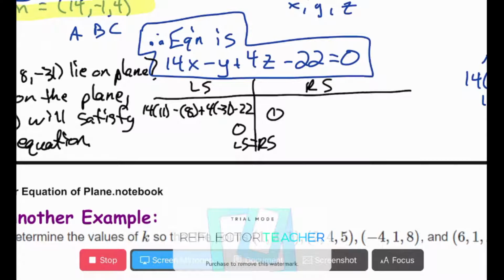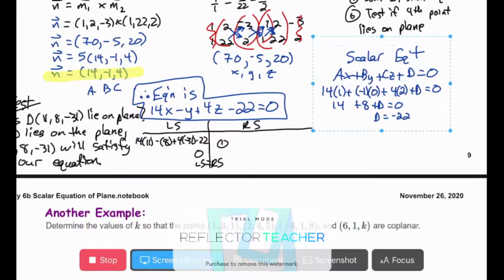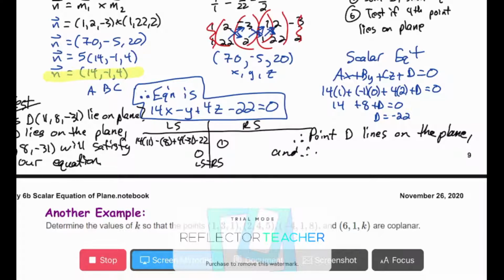And there we can say, therefore, point 4 or point D lies on the plane, and therefore points A, B, C, and D are coplanar.